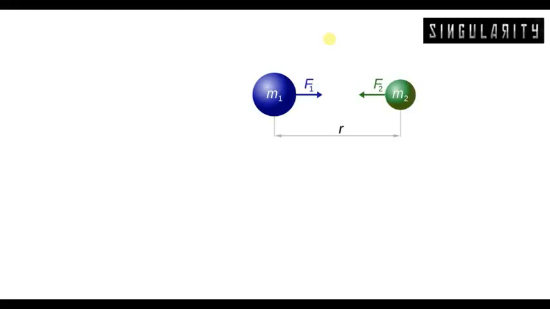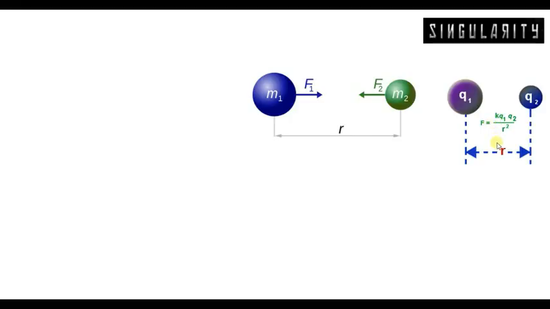Now let's look at Coulomb's law of electrostatics. q1 and q2 are two charges and F is the force between them, and the formula is F equals k q1 q2 divided by r square, where k is the proportionality constant derived from Coulomb's law.